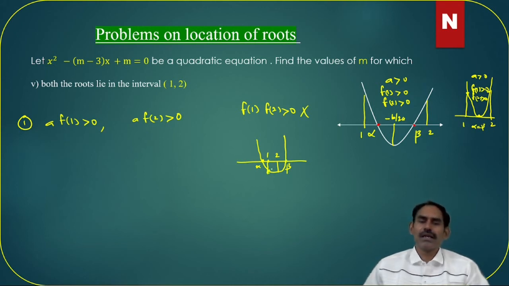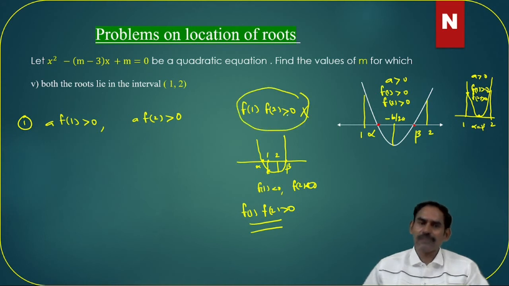In this case, f of 1 is negative, f of 2 is negative. But what about f of 1 into f of 2? f of 1 into f of 2 is greater than 0. That means if you write this condition, we will get this case also. So that's why we cannot write this expression f of 1 into f of 2 greater than 0. That's why we are taking separately a into f of 1 greater than 0, a into f of 2 greater than 0.